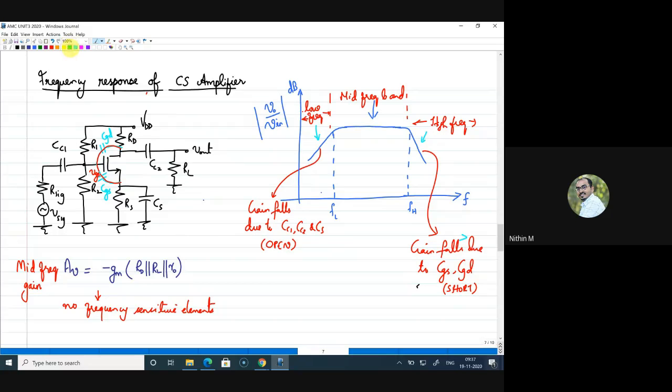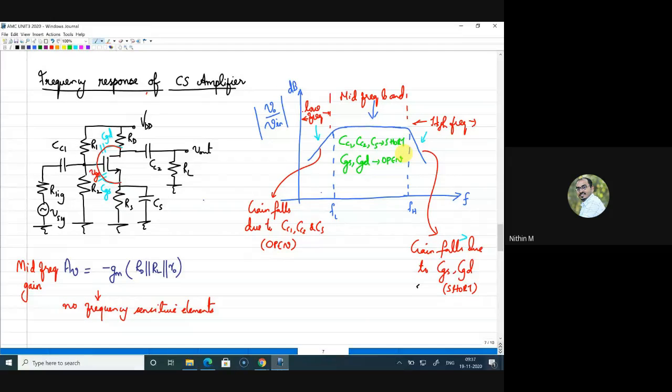So at mid frequency, your CC1, CC2 are acting as short, and your CGS, CGD are acting as open, so there is no influence from the capacitors.